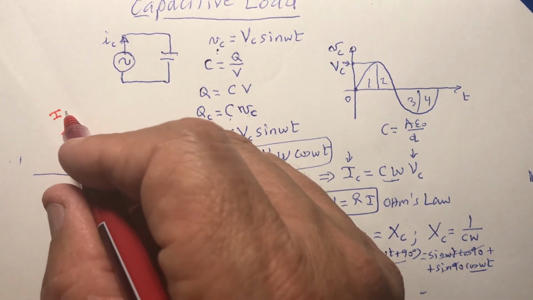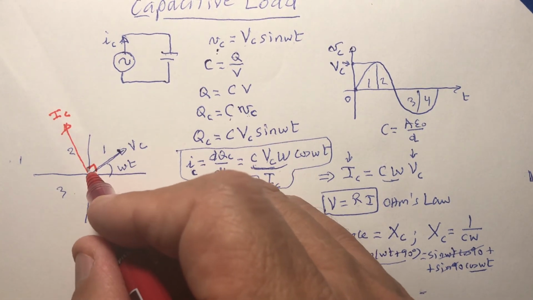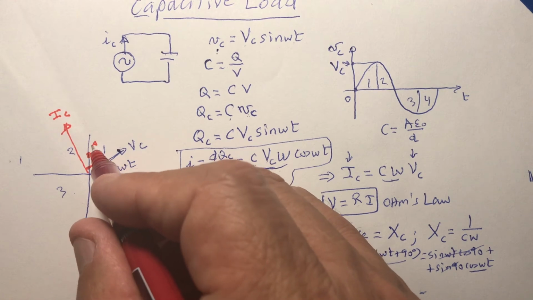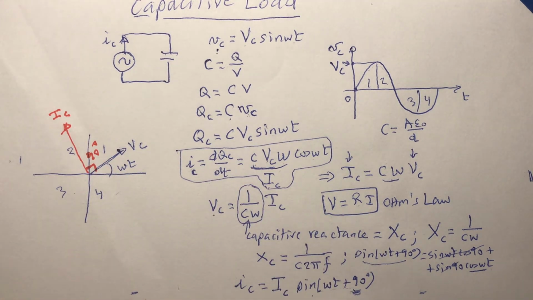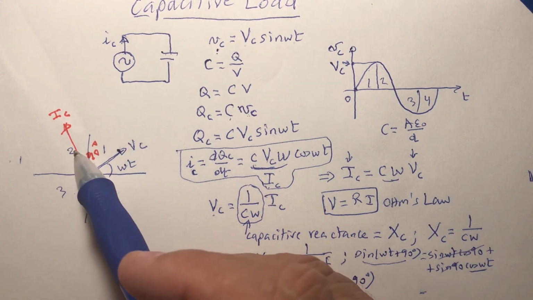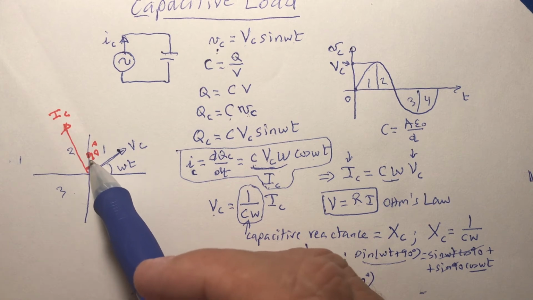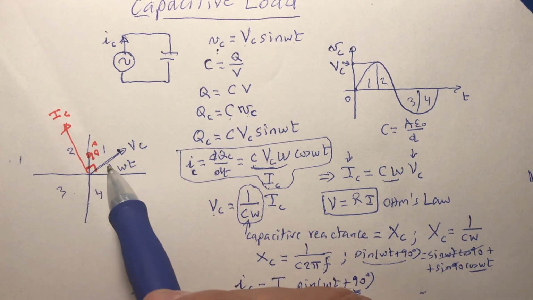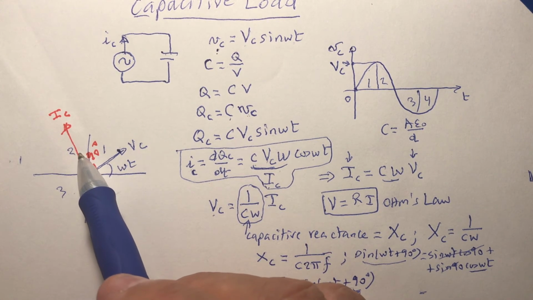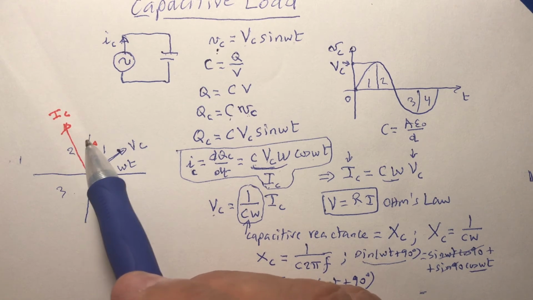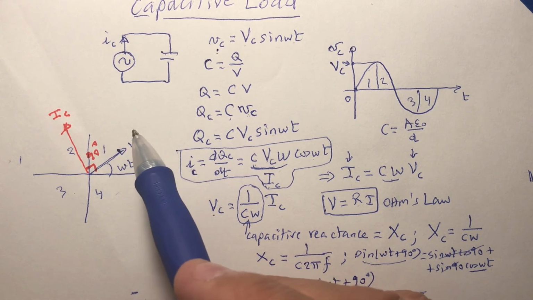I put here IC. And here is 90 degrees. So the angle between the phasor for the voltage and the phasor for the current is 90 degrees. So the voltage and the current, they don't come to the capacitor at the same time.